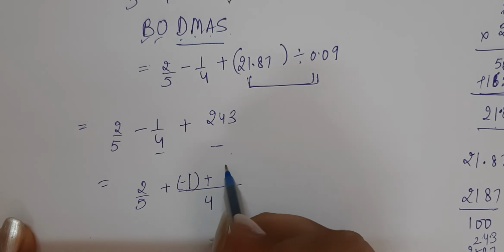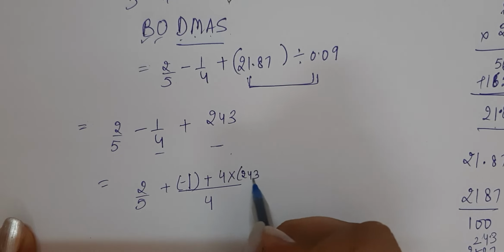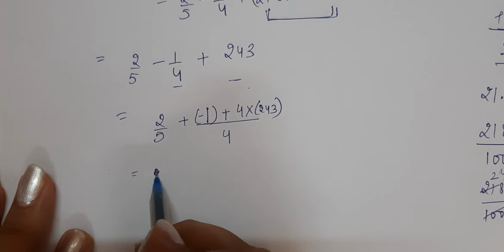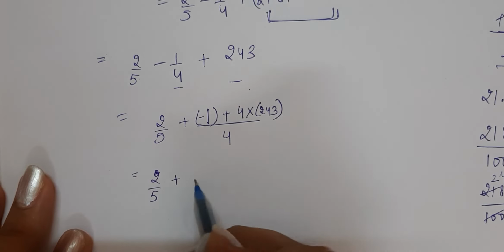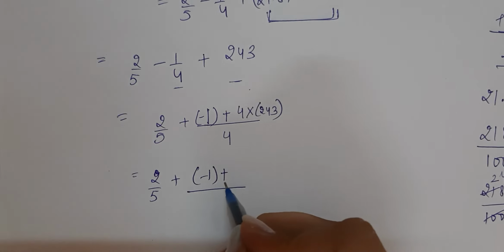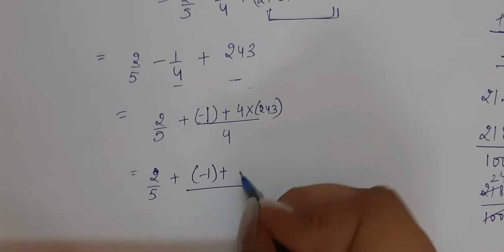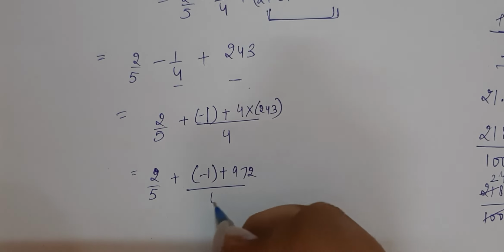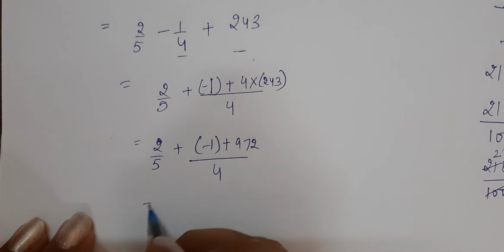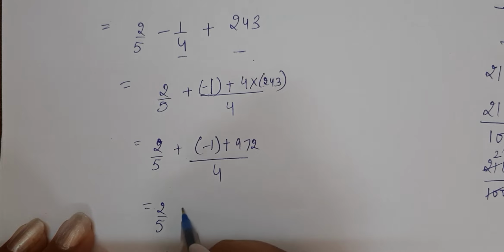Then plus 4 into 243 after taking the LCM. Now the next step: 2 by 5 plus minus 1 plus 972 upon 4. So the answer is 2 by 5 plus 971 upon 4.